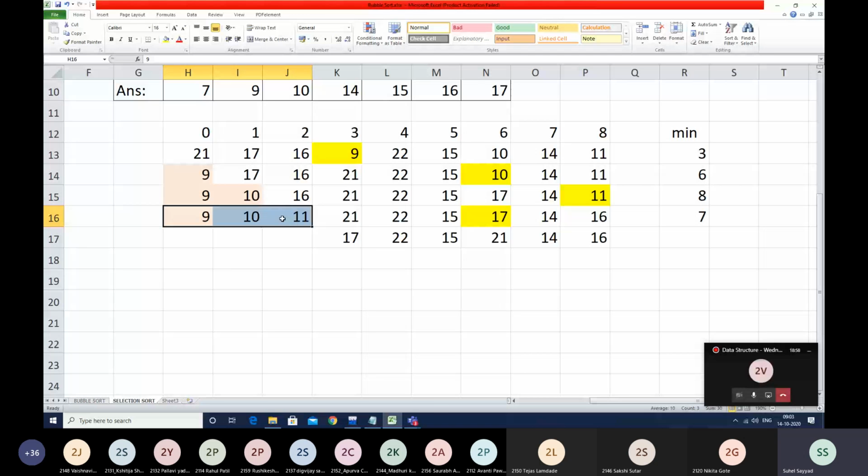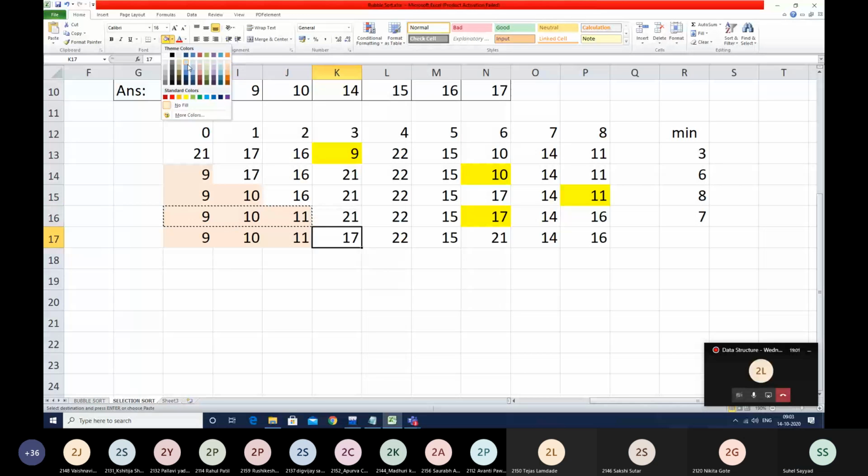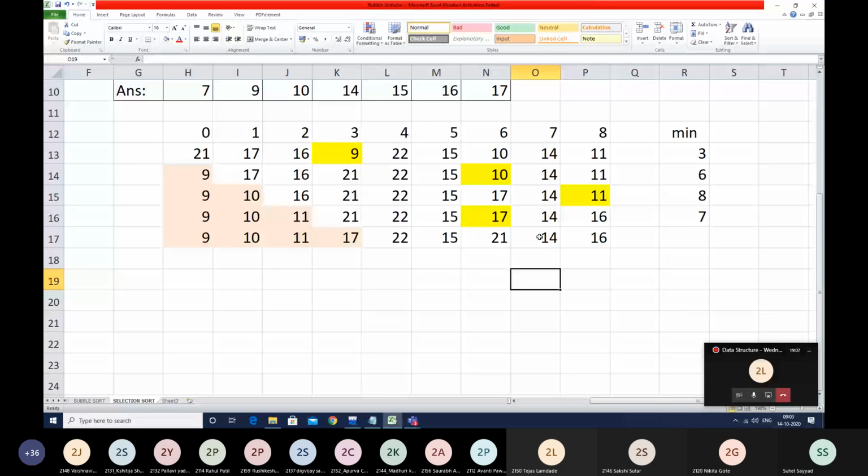Yes, the next smallest element is at 5. Did I make any mistake in writing? Wait.